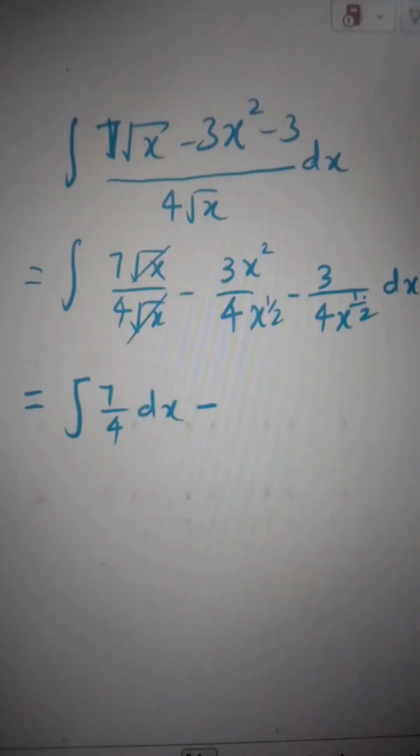We separate the integration operator to both of them, as well as 3 by 4 will be outside, and here x power is simplified.